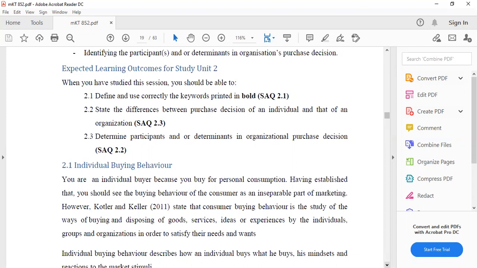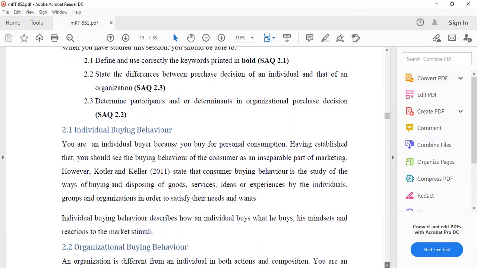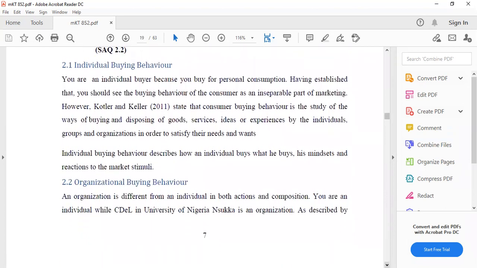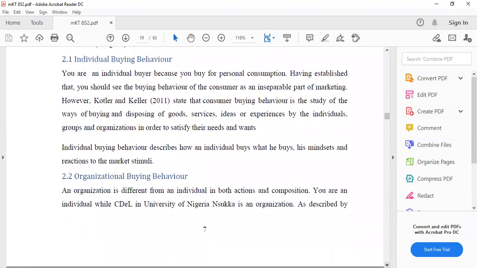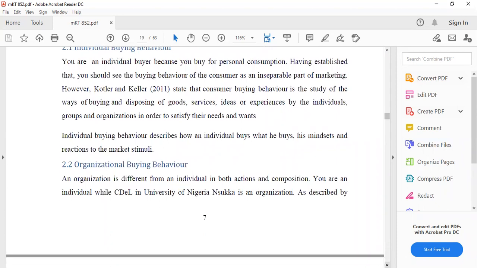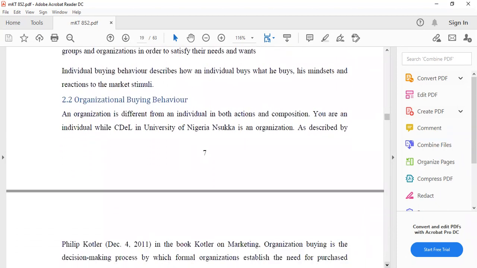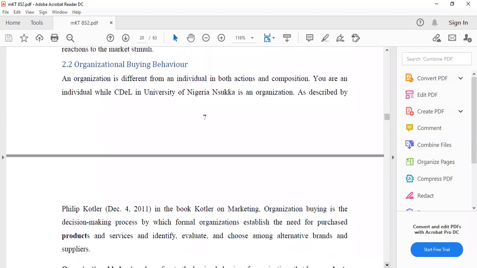Organizations could buy certain items and make use of them. They can also buy for reproduction, like certain raw materials that we still buy from time to time.